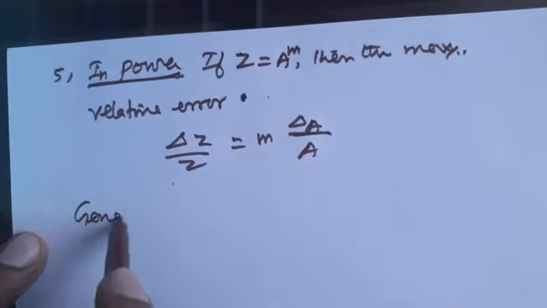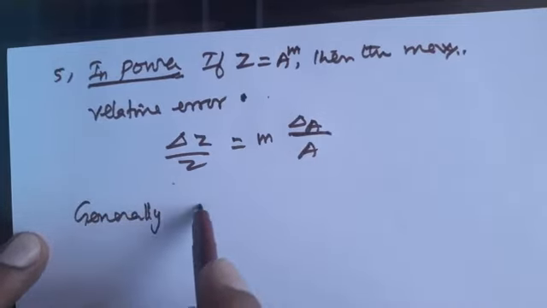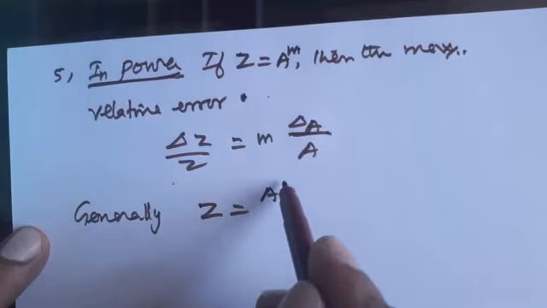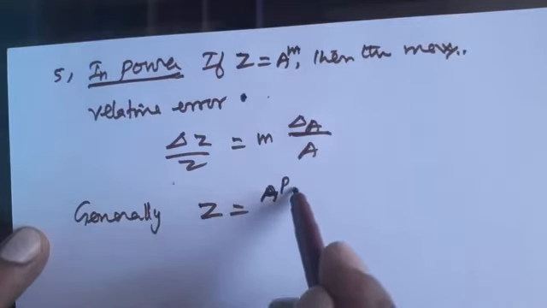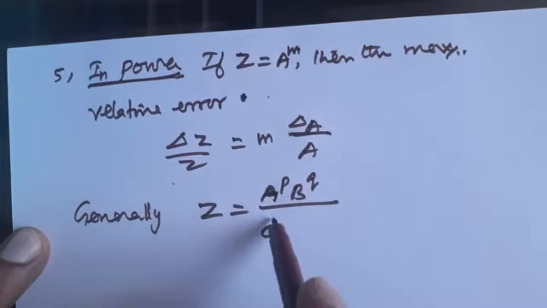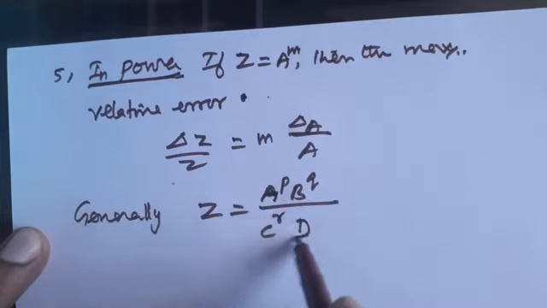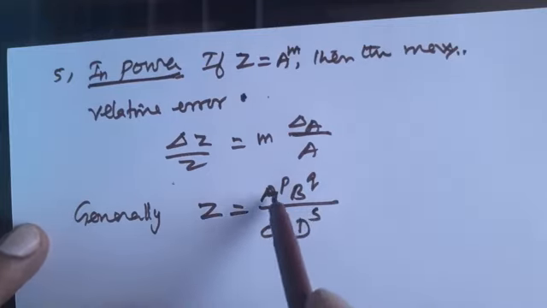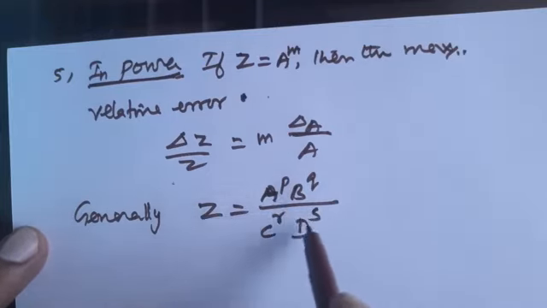Generally, if Z is given as A power P, B power Q by C power R and D power S, all four parameters respectively having P, Q, R or S as their powers.